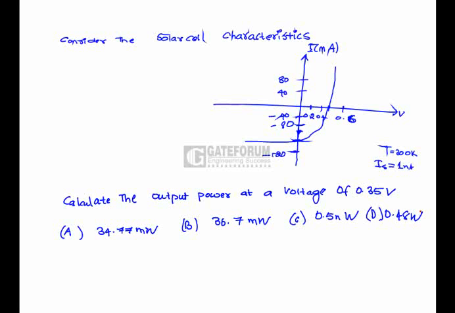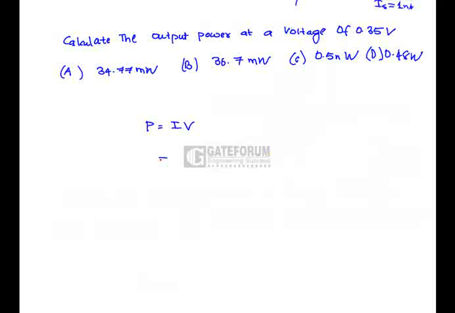Question: consider the solar cell characteristics given in the figure. Calculate the output power at a voltage of 0.35 volts. For a solar cell, the power output is given as I into V, whereas I equals IL minus IS (e power V by Vt minus 1).